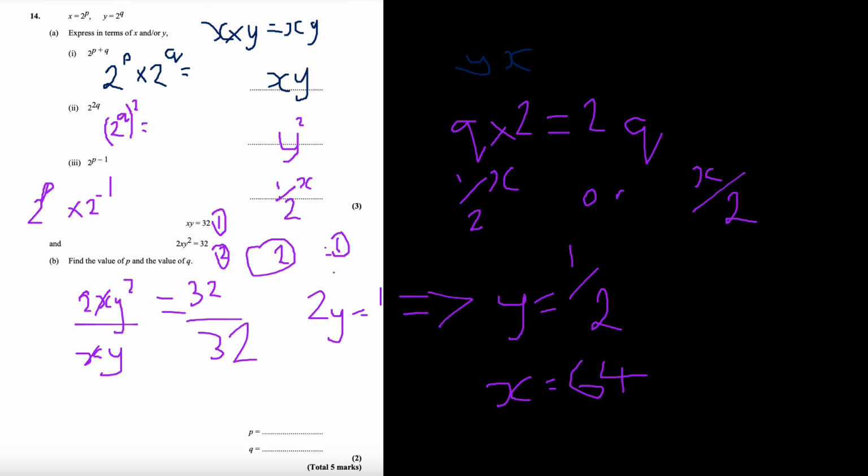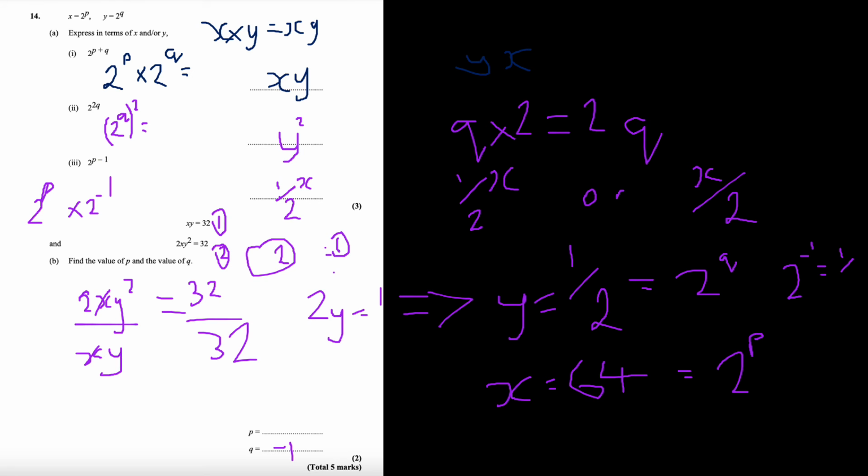So x is equal to 2 to the p, and y is equal to 2 to the q. So q is going to be negative 1, because 2 to the negative 1 is going to be a half.